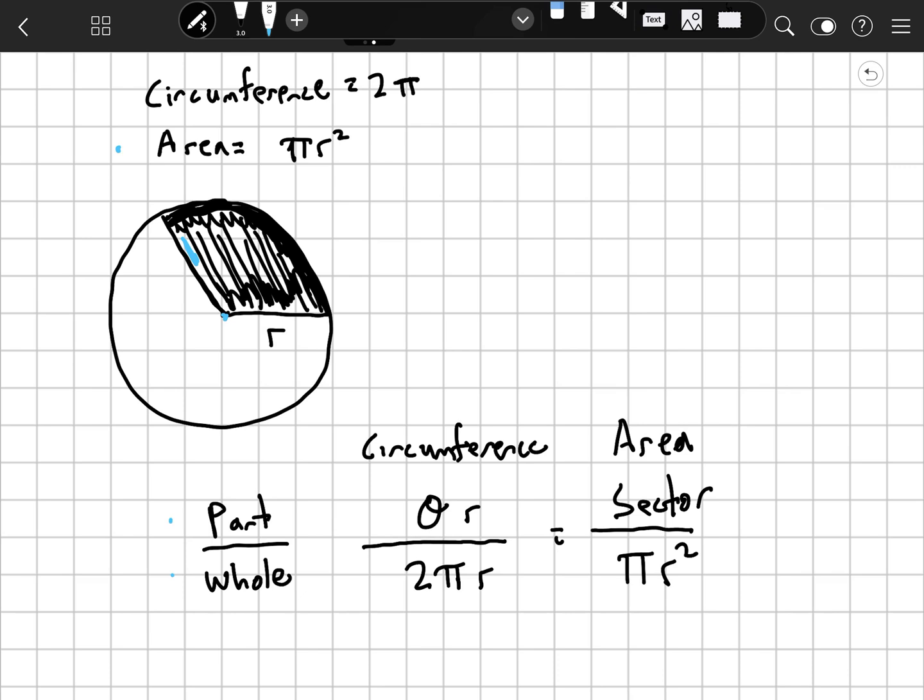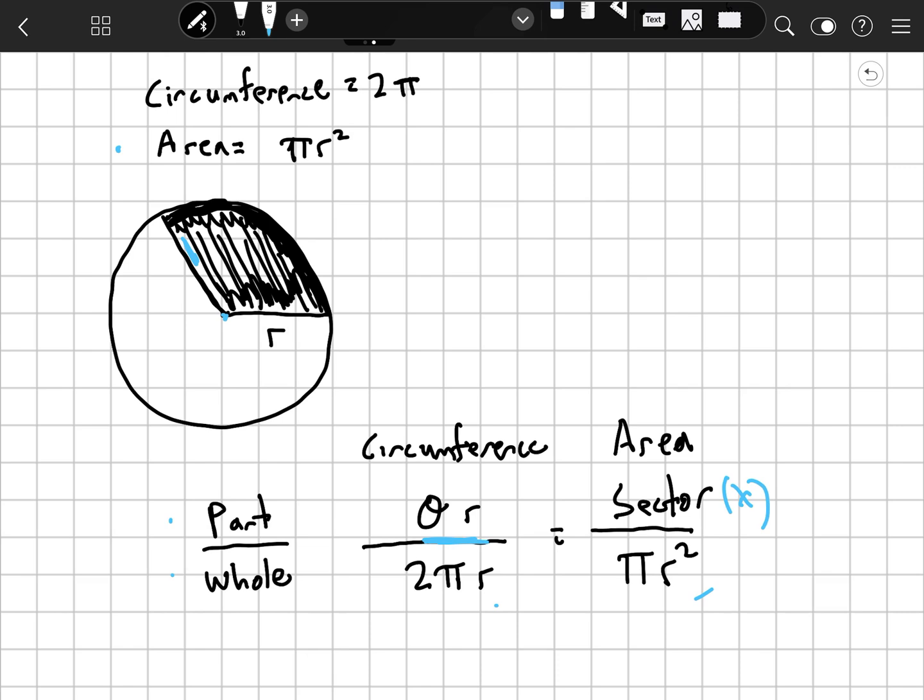And so if we're talking about the circumference, or the distance around the circle, the whole is 2 pi r. And the part is theta r. That's what we just established a minute ago with arc measure. And then for the area, the whole is pi r squared. And the sector is our unknown piece. It's our variable, so you could even put x there.